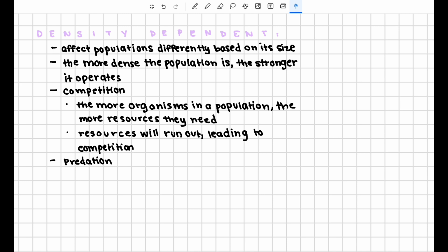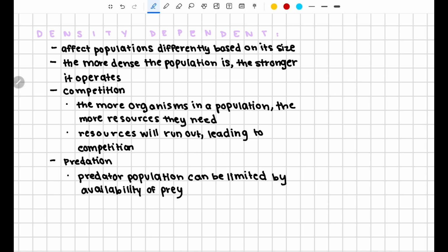And when we talk about predation, the growth or the survival of the predator species relies on the prey. So if the prey is not very available, if it's pretty rare, the predator population is going to be severely limited by that.